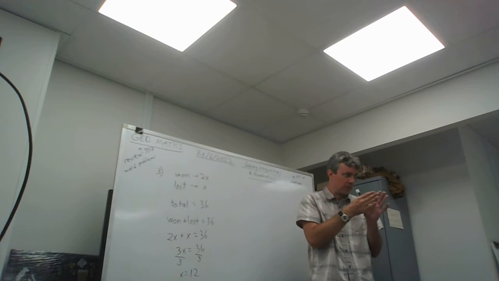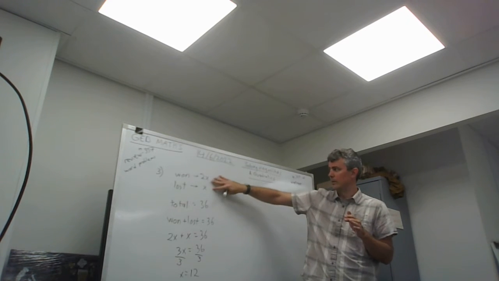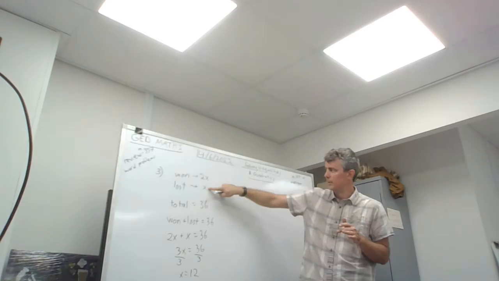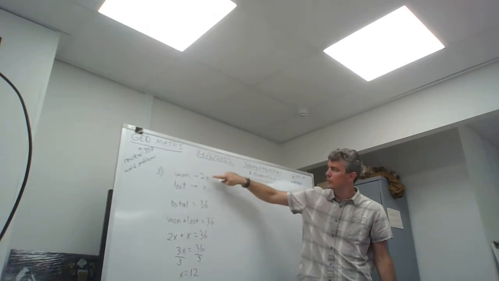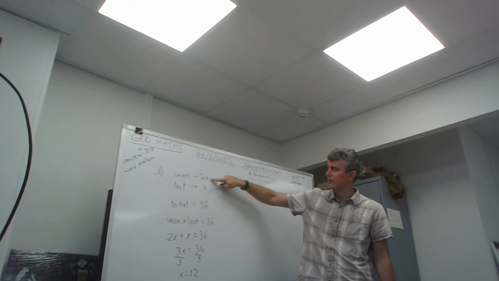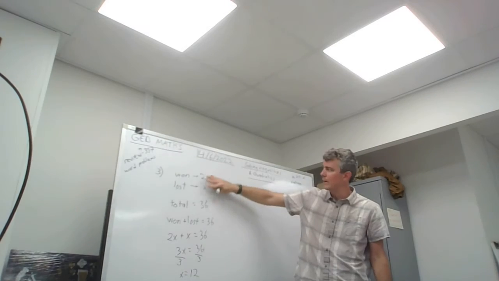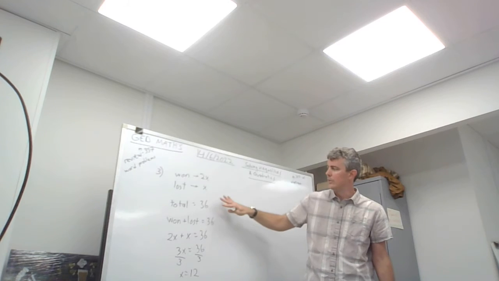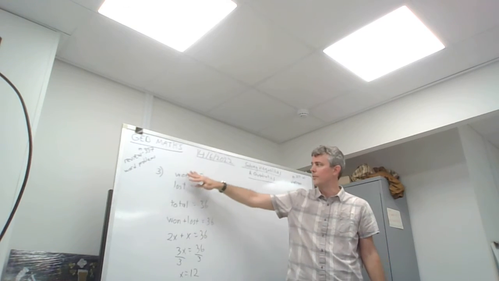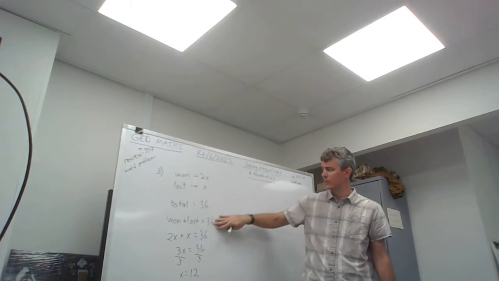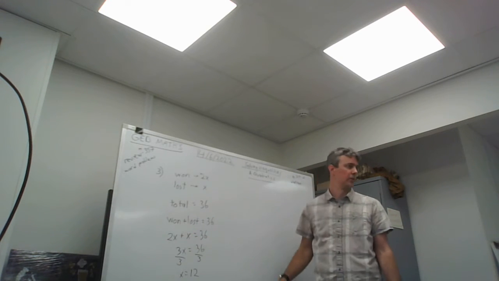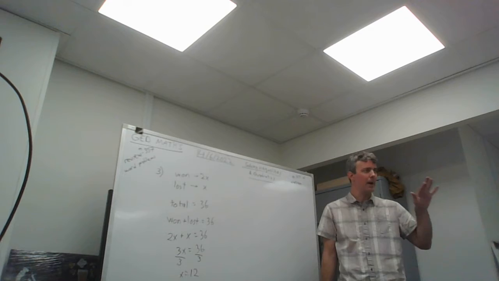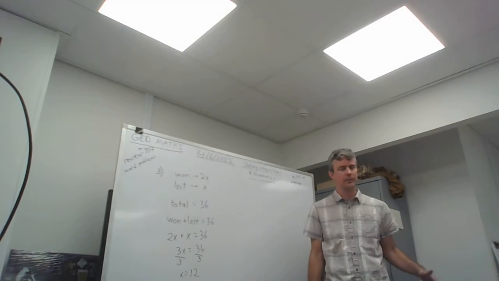That's your variable, the first one, or the second one, whichever one it is. But the simple one is your variable. And then you write the other one in terms of that variable, which is just given to you. It says 2 times. So you write it in terms of this variable. And then, once you have these two written out, often they combine together to something else. So you write what they combine to, and then you put each one in, and then you solve. That's kind of the pattern of these word problems.